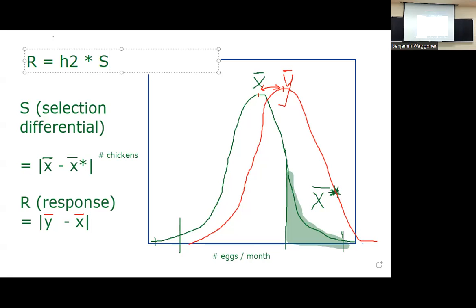So in that case, the narrow sense heritability of turban wearing in turkeys is 0. So it does not matter how strongly our turkey farmer tries to select only the turkeys that are wearing the finest turbans. It will do absolutely nothing because H squared is equal to 0. Okay, am I making a certain degree of sense there?